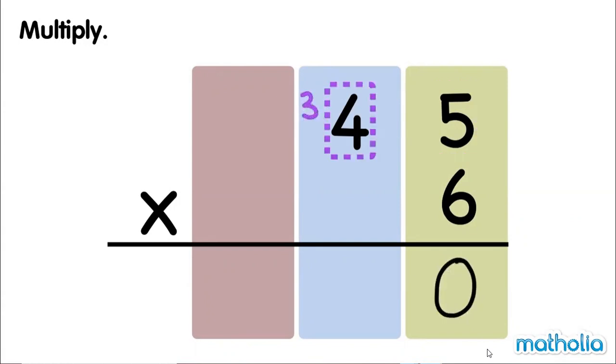Next, multiply the tens by 6 and add the regrouped tens. 4 tens times 6 equals 24 tens. Plus 3 tens equals 27 tens. Regroup 27 tens into 2 hundreds and 7 tens. 45 times 6 equals 270.